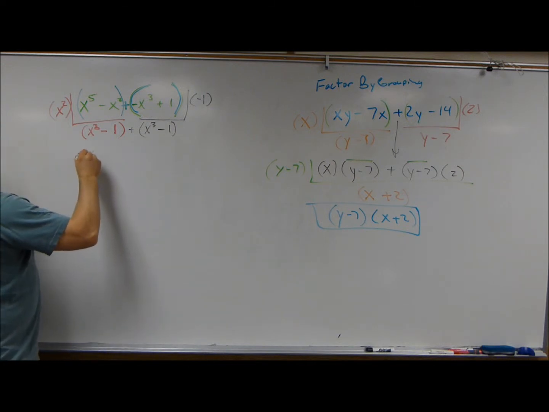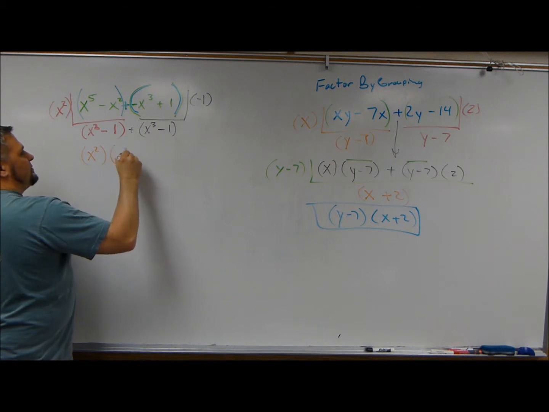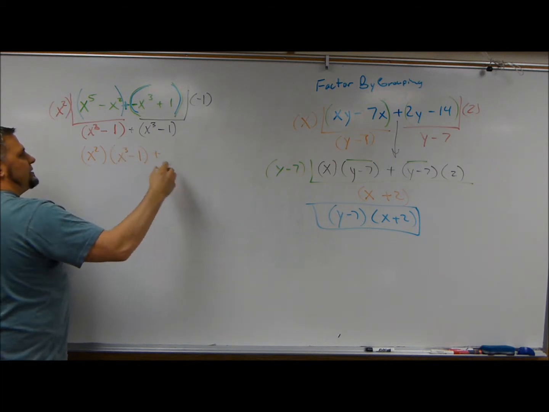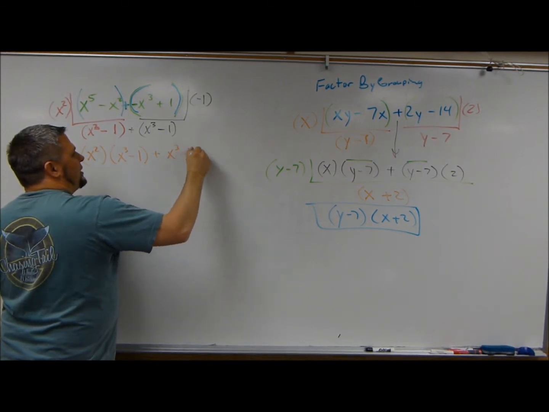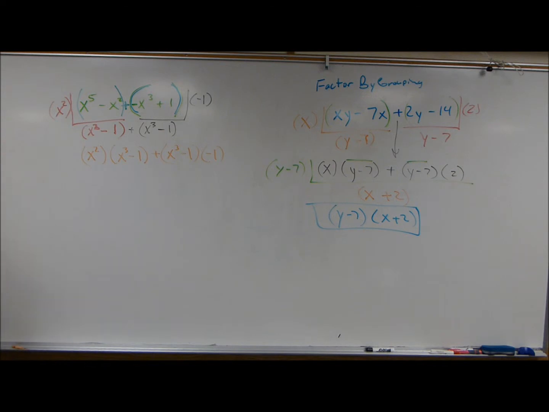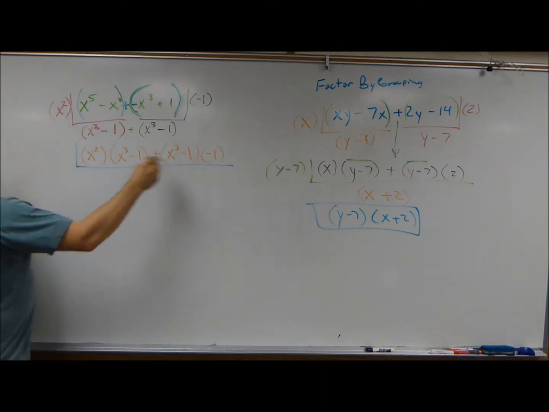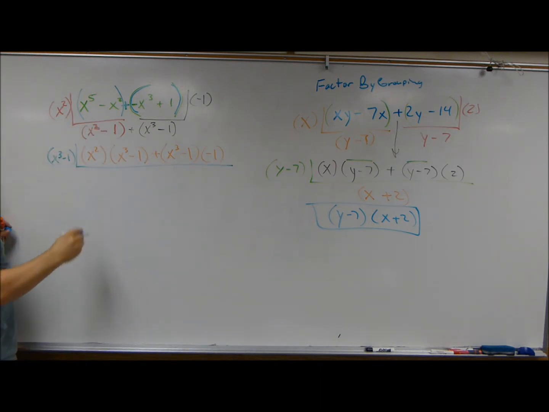And so I have x squared times x cubed minus 1 plus x cubed minus 1 times negative 1. And here I should be able to pull out the x cubed minus 1.